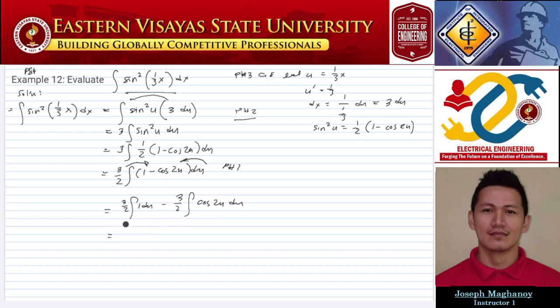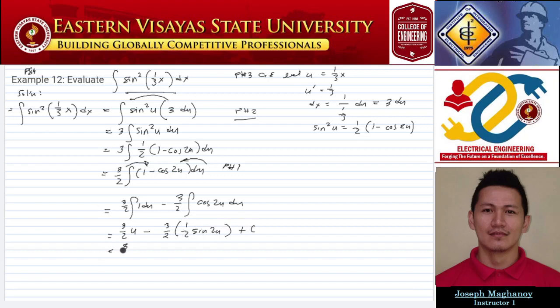Okay, so if you're going to evaluate this one, integral of 3 halves, the same du, that is u, minus, if you're going to integrate our cosine 2u, that is 1 half sine 2u, then plus c.